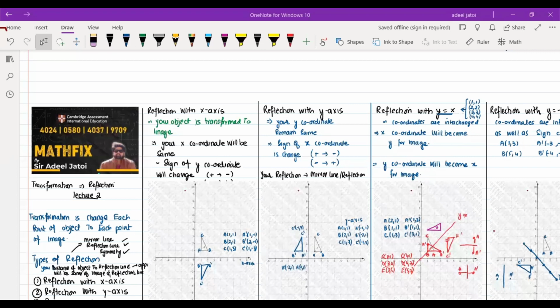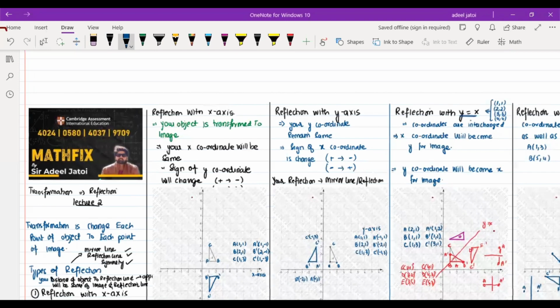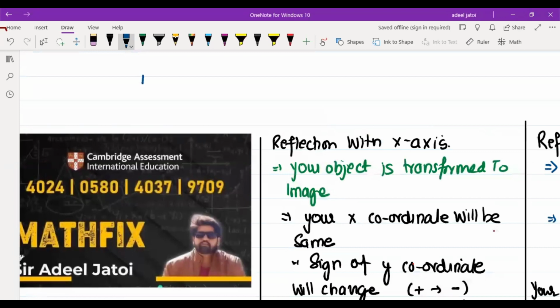Now, you need to understand one particular thing. That is that your original matrix of any coordinate is 1, 0, 0, 1. Now, we will always be taking the x-axis and the y-axis coordinates that we have. Whenever we have reflection in the x-axis, the x-coordinate will remain the same, but the sign of the y-coordinate will change.